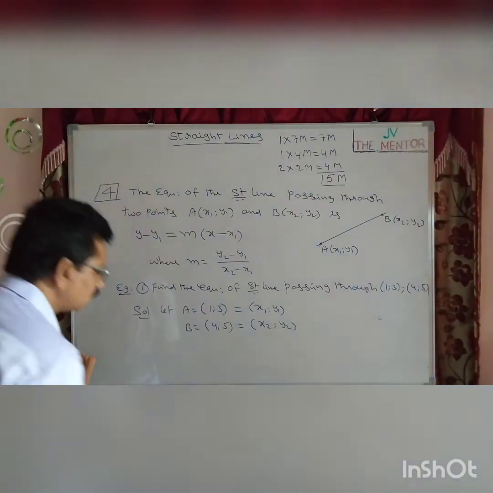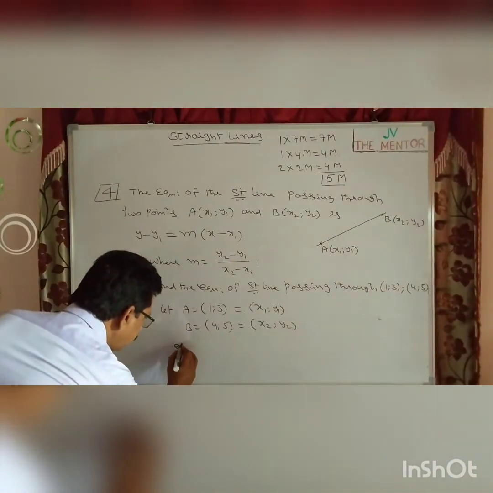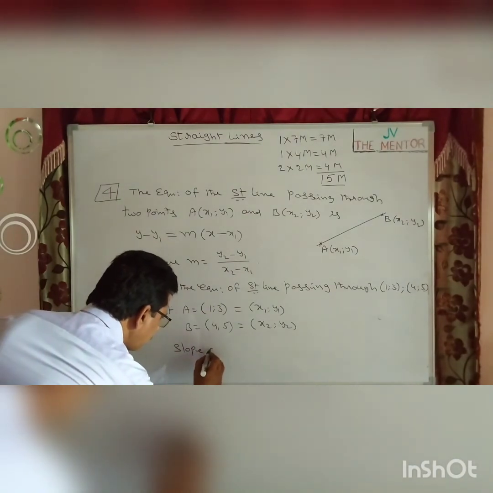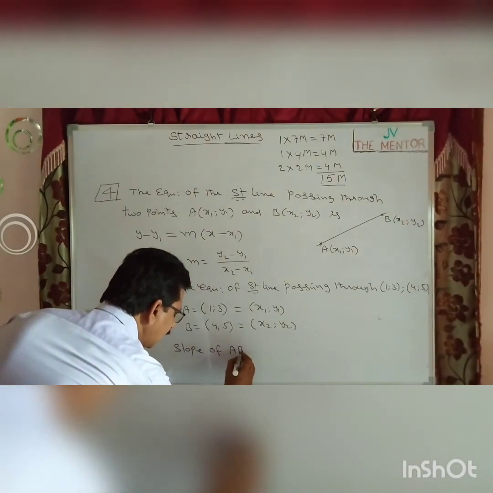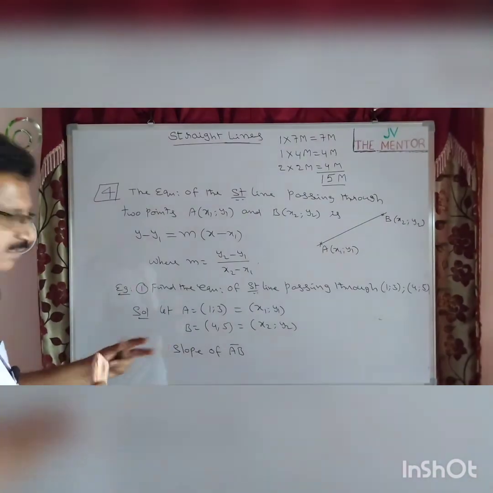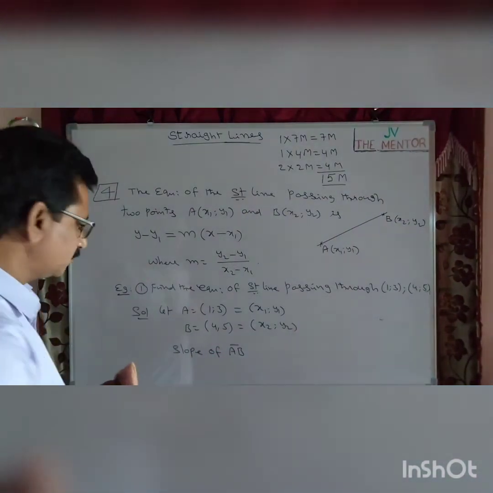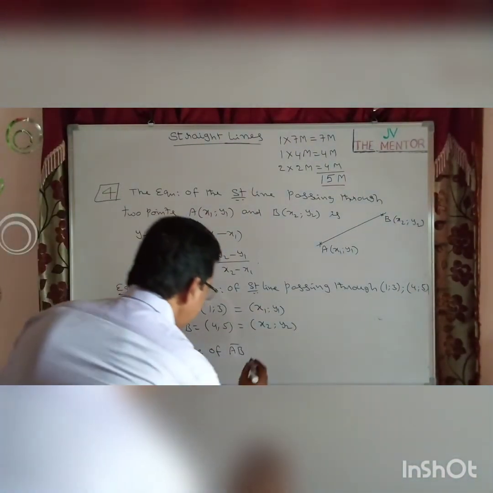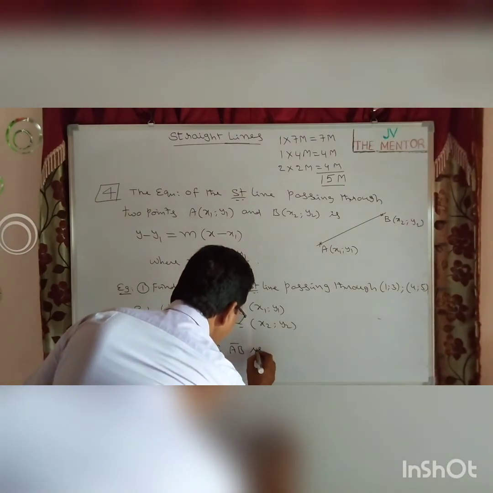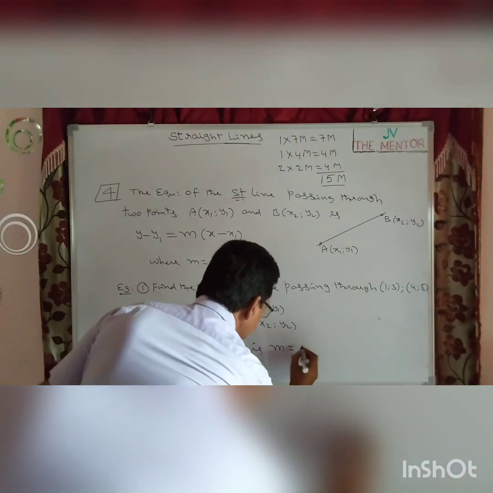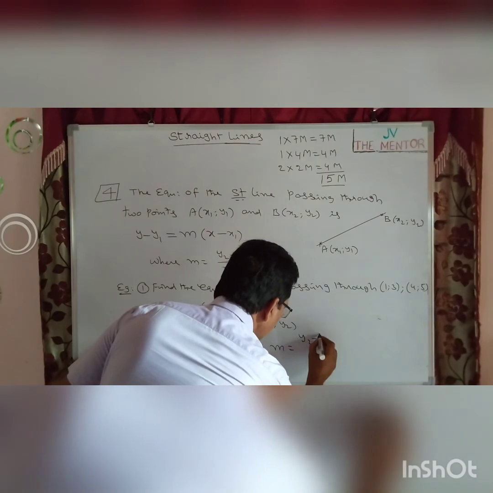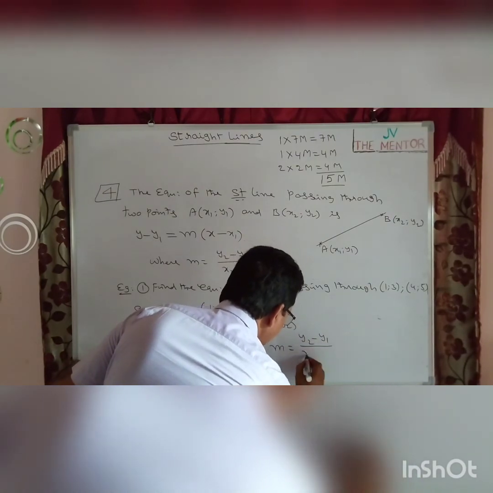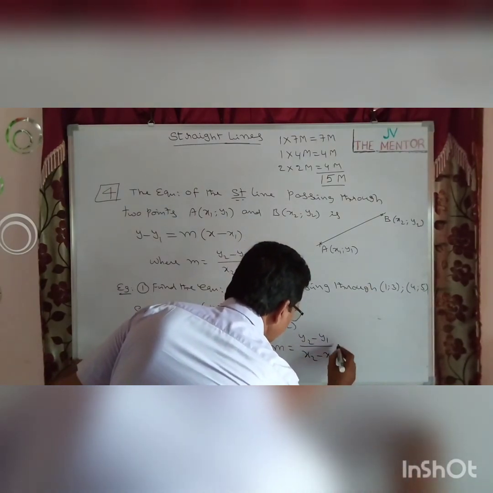What is the slope? Slope of AB. If AB bar is written, that means the line AB. Slope of AB is m equal to y2 minus y1 by x2 minus x1.